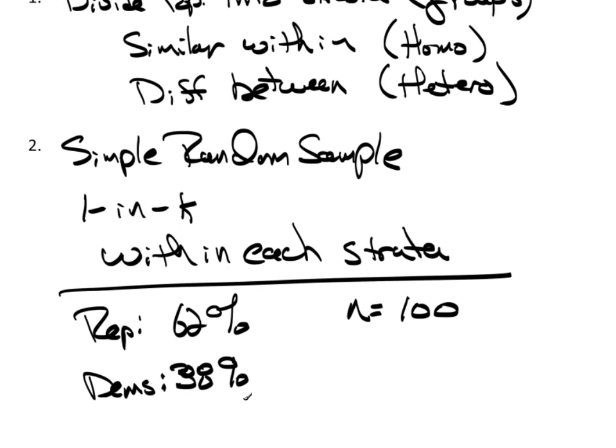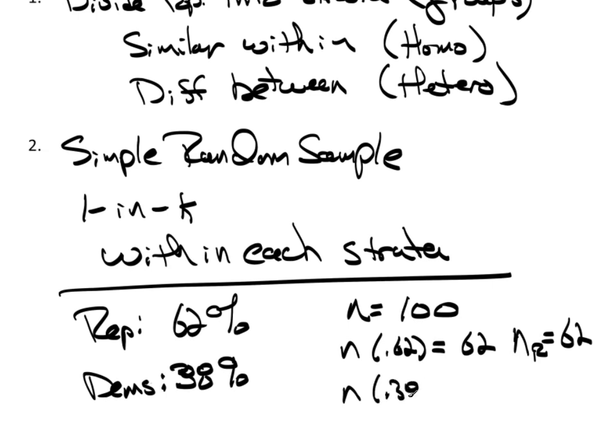Well, how many do I get of each? I would take N times 0.62. That would give me, in this case, 62. So N sub R, the sample size for the Republicans, would be 62. And then N times 0.38 equals 38. So N sub D, the sample size for the Democrats, would be 38.